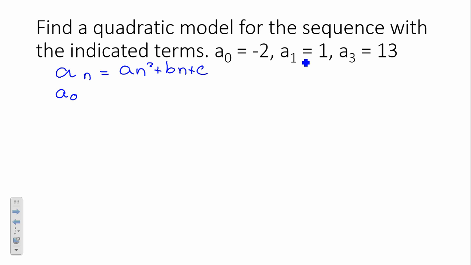A sub 0 is a times 0 squared plus b times 0 plus c, and that's equal to -2.